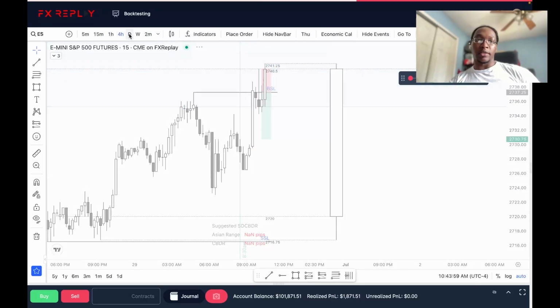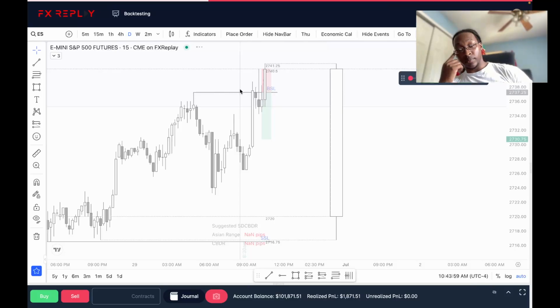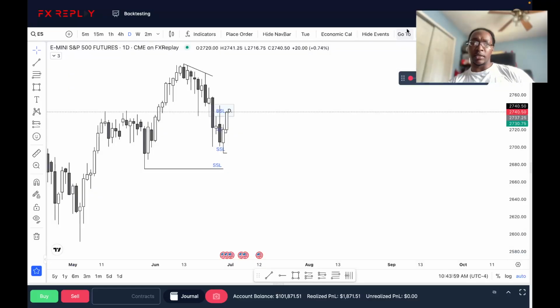But price continues pushing higher. I don't know why this is moving so slow, but we're at an hour. I'll end it here. Let's see how this day closes out, though.